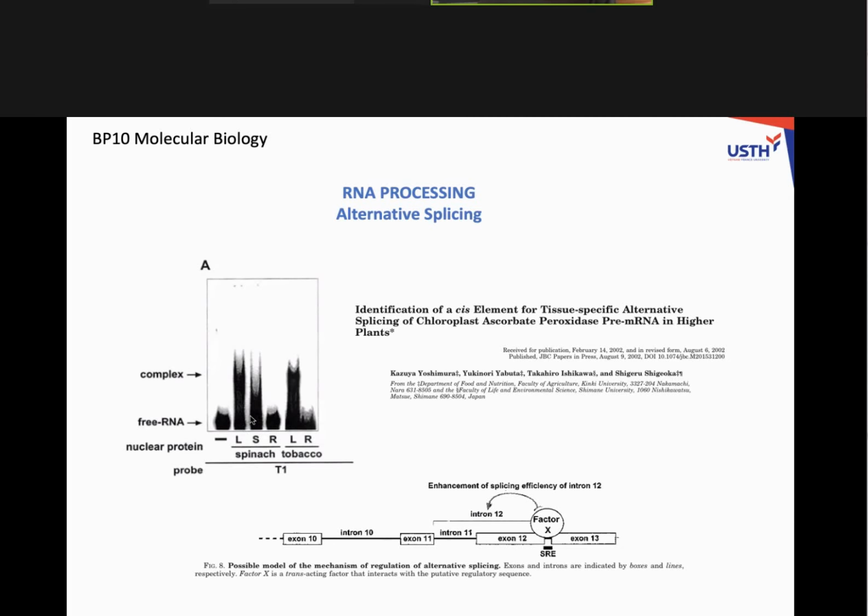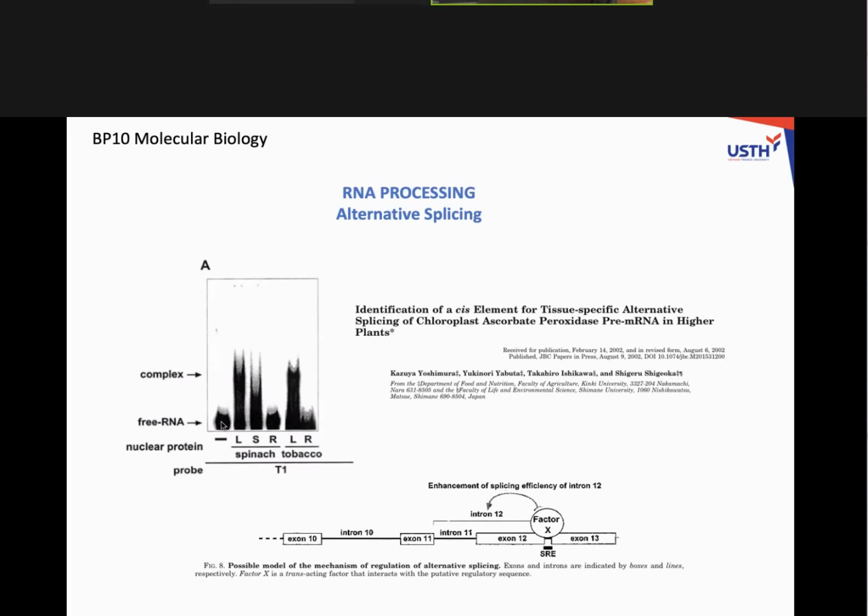So all the tubes contain the RNA fragment. And then they add, or not, different protein extracts to the tube. The first one is always like that. It's always a control. You don't put any protein. This first lane is compulsory because it's with this data that you can say, okay, the free probe, which means the free RNA, the RNA which is naked without any interaction with protein, migrates there.